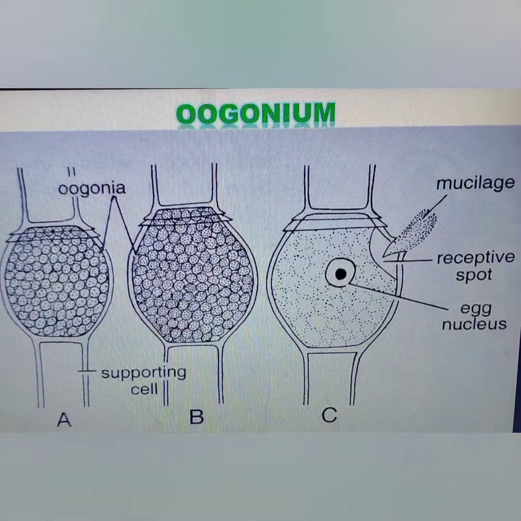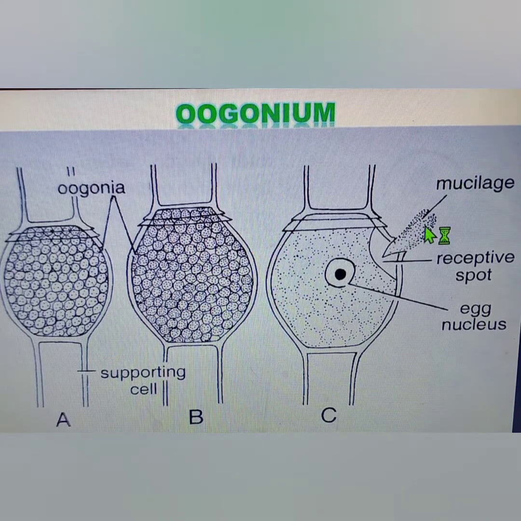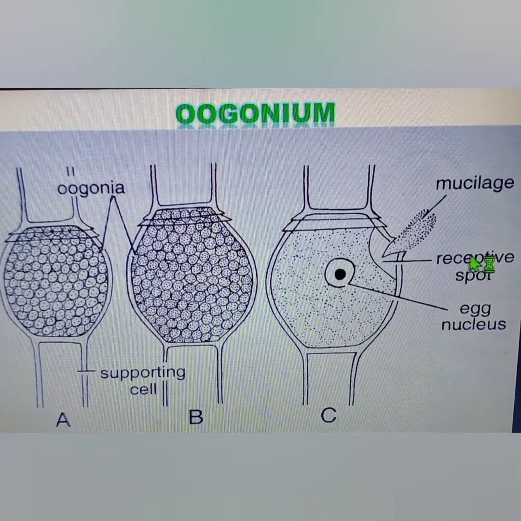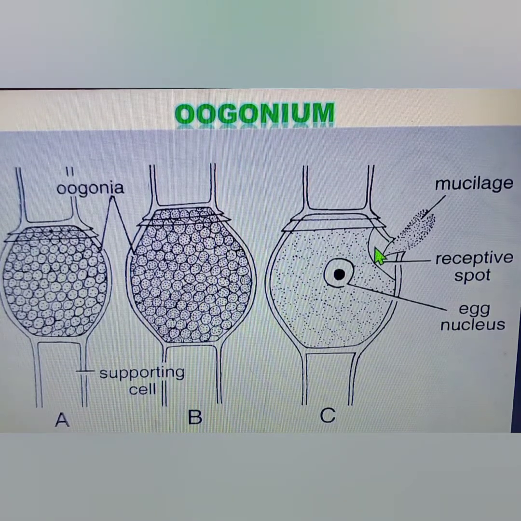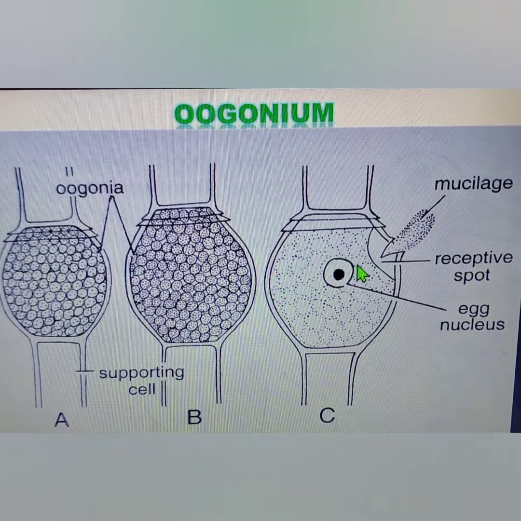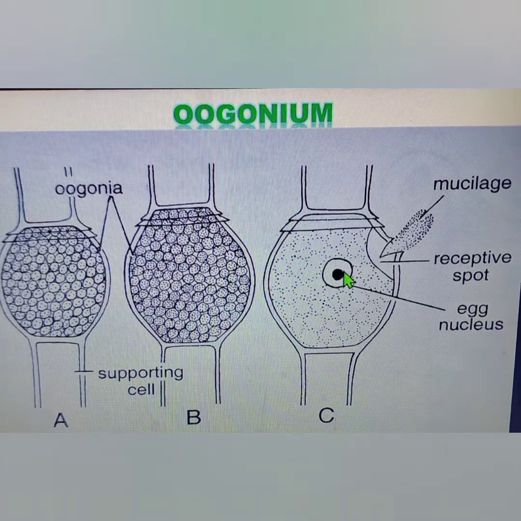Okay, and here, if you remember, the Antherozoids will come in contact with this gelatinous substance and they will enter here in the receptive spot of the oogonium. So fertilization will take place between the Antherozoid and the egg.